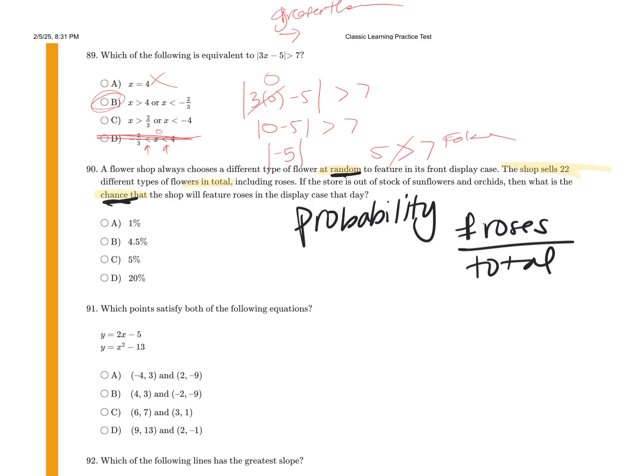So there's 22 different types of flowers, right? So the denominator seems like it would be 22, but there are some flowers that are missing. They're out of stock of sunflowers and orchids. So there's really only 20 total flowers to pick from. And roses is one of those types of flowers. So we're looking at 1 out of 20.